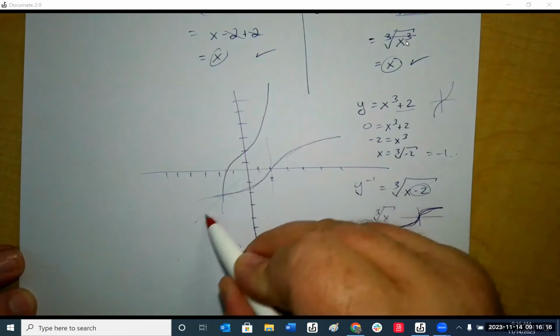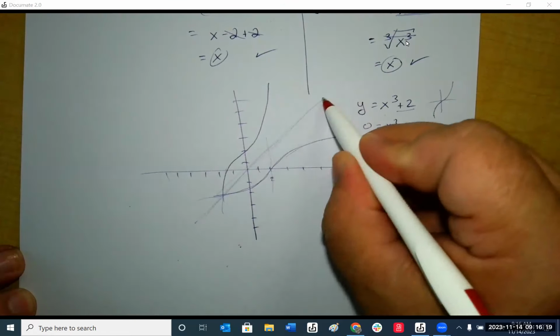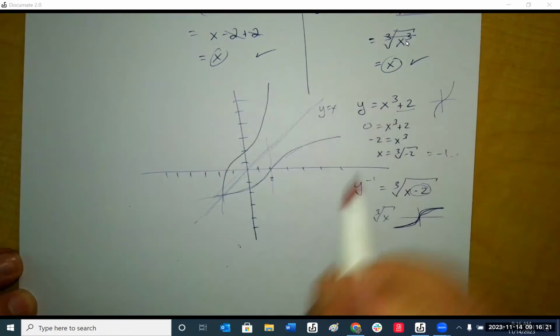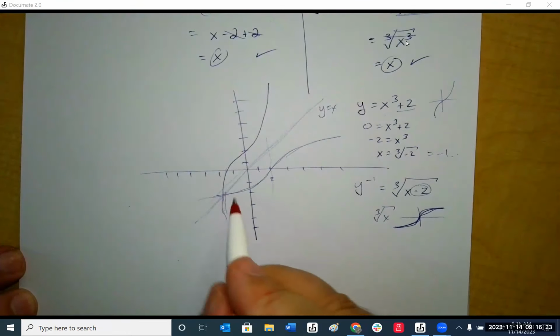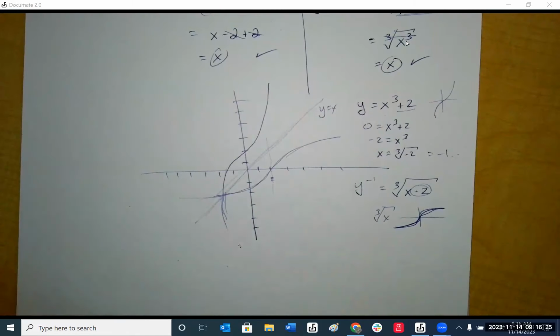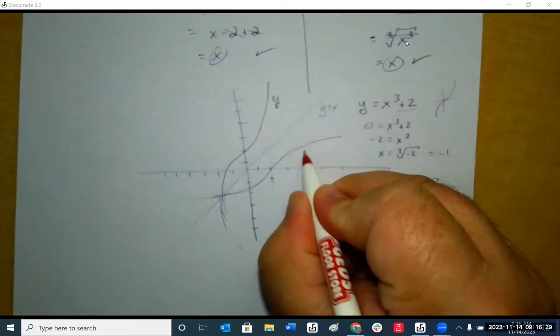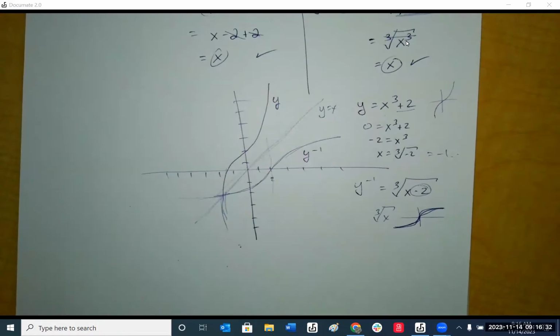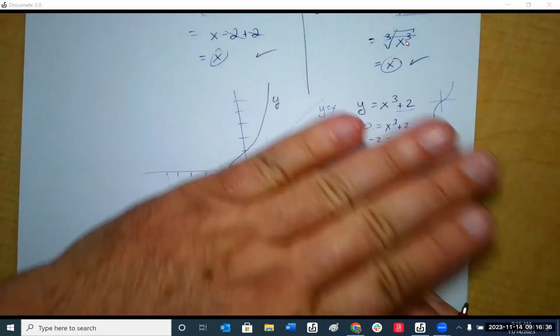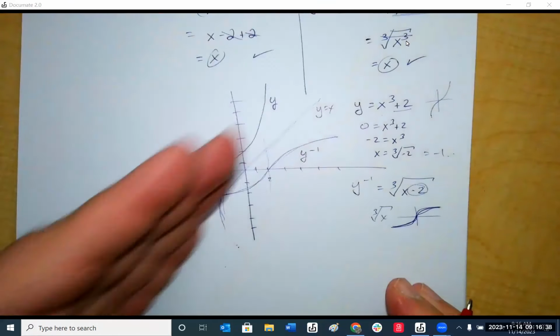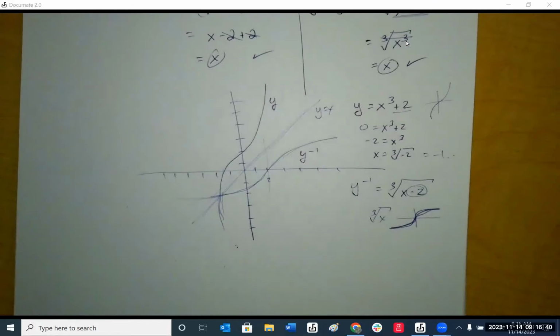And here's the diagonal line, y equals x. And those are your inverses. This is y, and this is y inverse. Because if you had taken the page and folded it across the diagonal line, you get the other graph. Pretty straightforward.